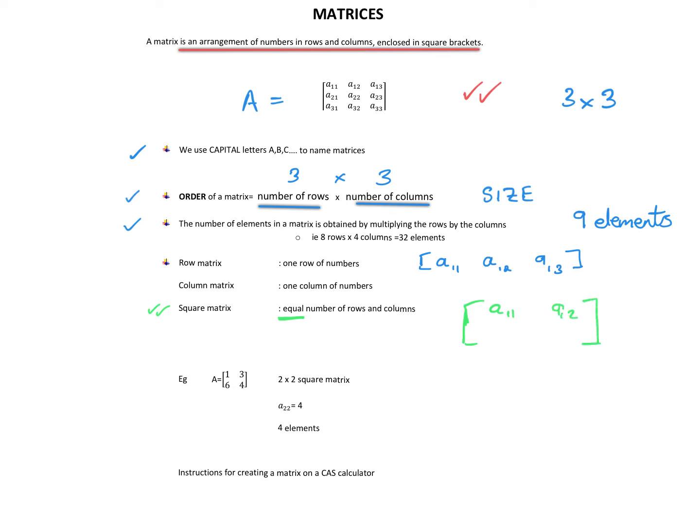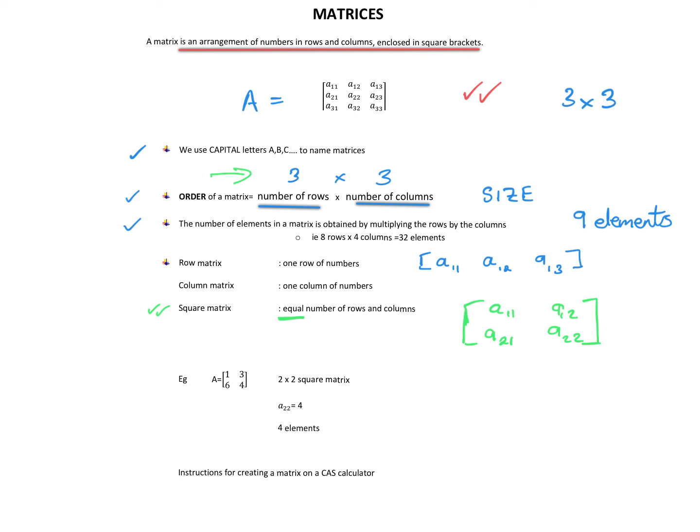So I've got 2 elements in my row, so I have to have 2 elements in my column. So this is row 2, column 1, row 2, column 2. There are 2 by 2, so it is square. This one up here was a square one as well because it is 3 by 3.